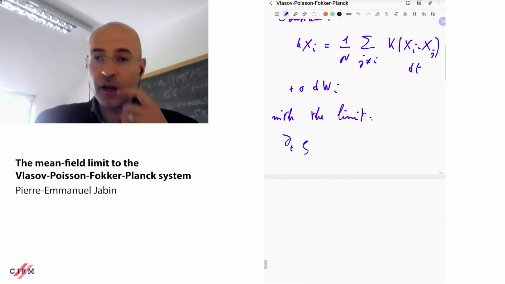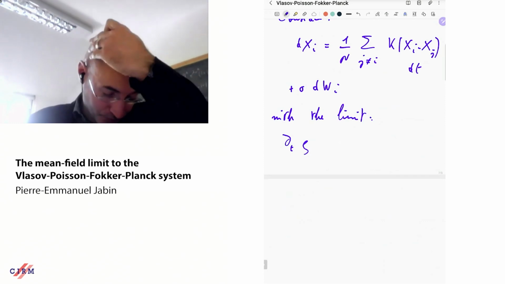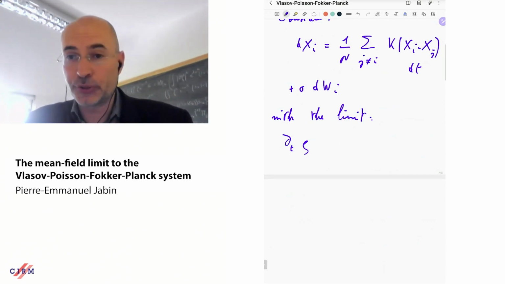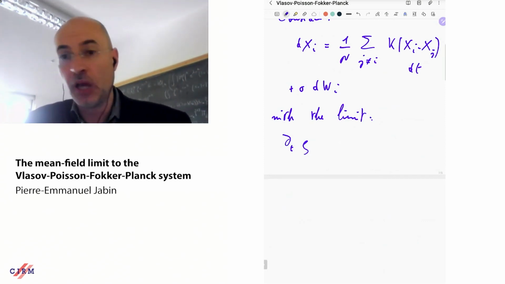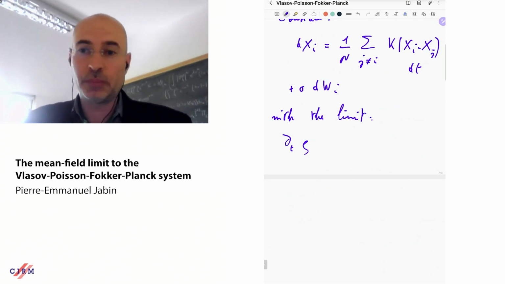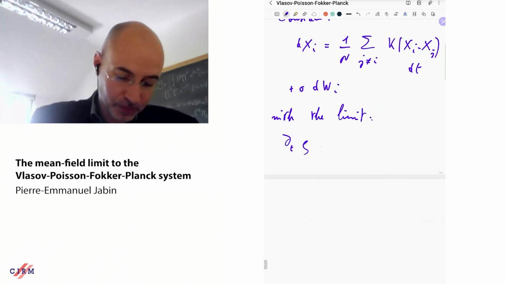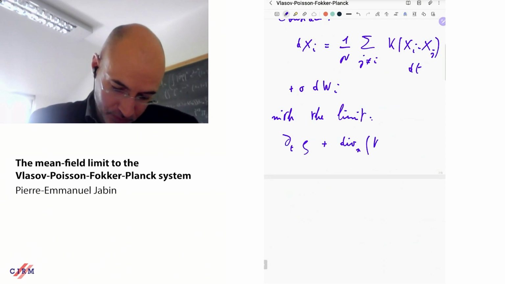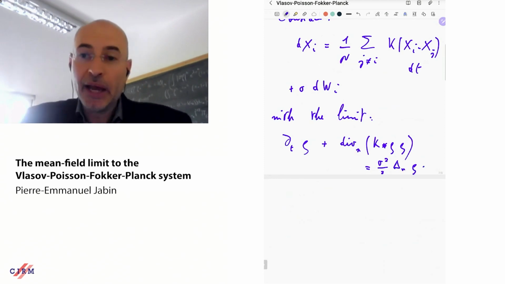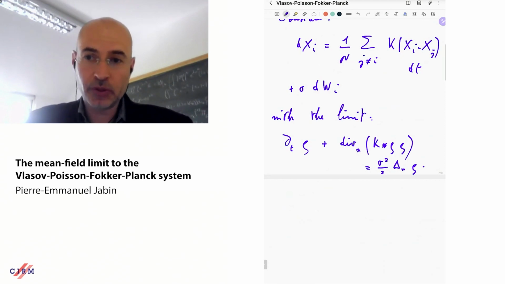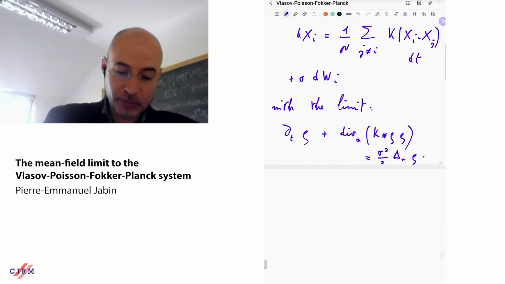And the limit now is written on the one particle distribution again, but since there's no velocity, I'm going to denote this one particle distribution by rho to remain consistent with the second order case. And I'm going to jump right in, and I'm going to write a theorem here.